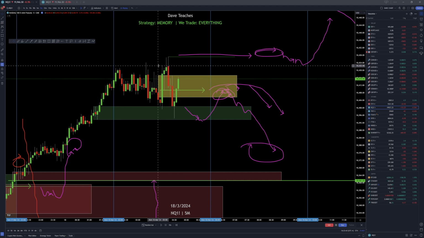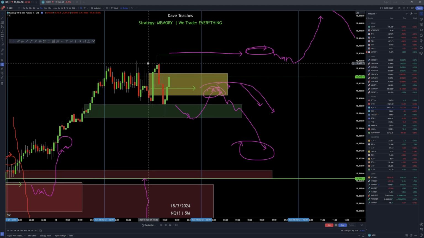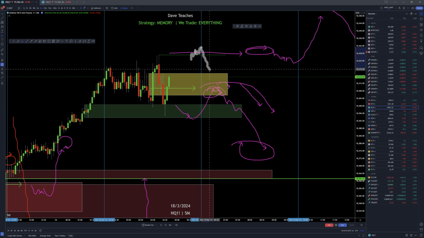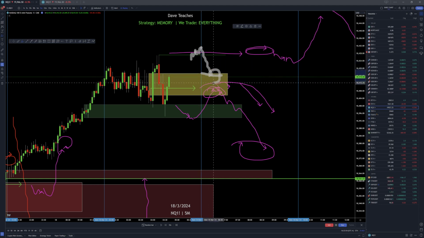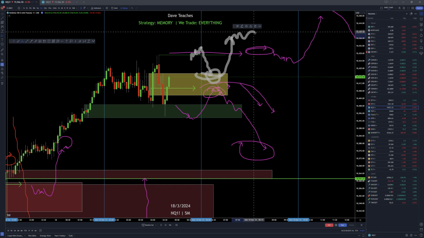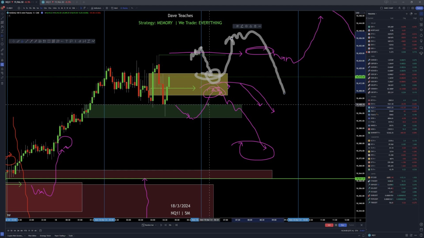Let me see what we have. So if we make it up here and we close, I would be looking for a move here to potentially swing higher. And then I'd expect New York to come down into these lows. That's if we get up there and we close, right?